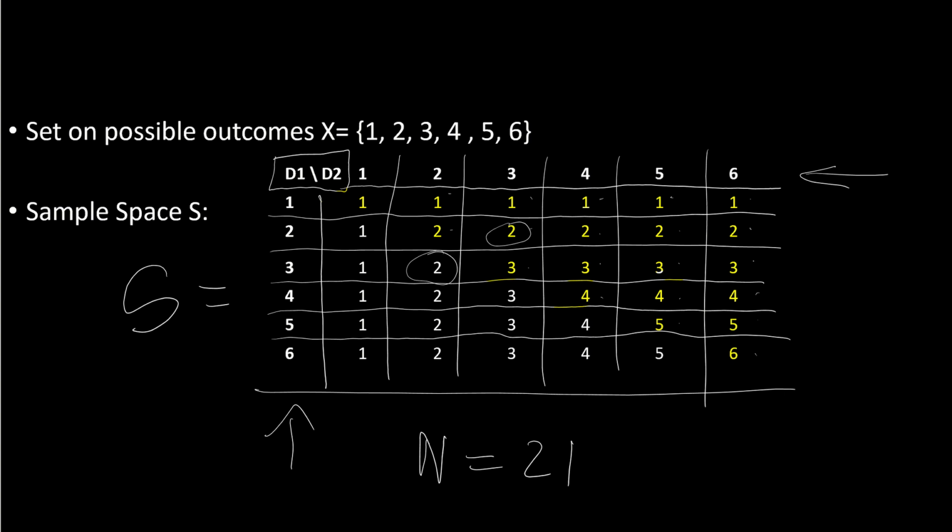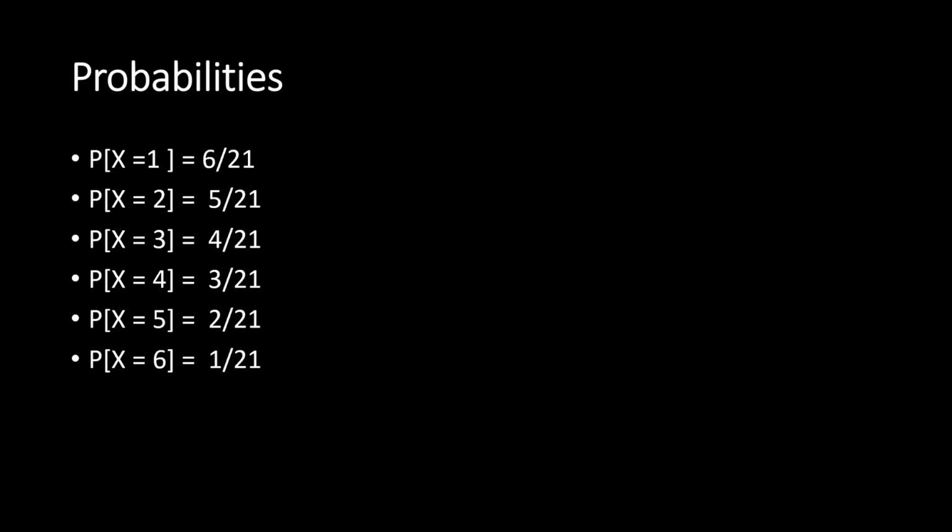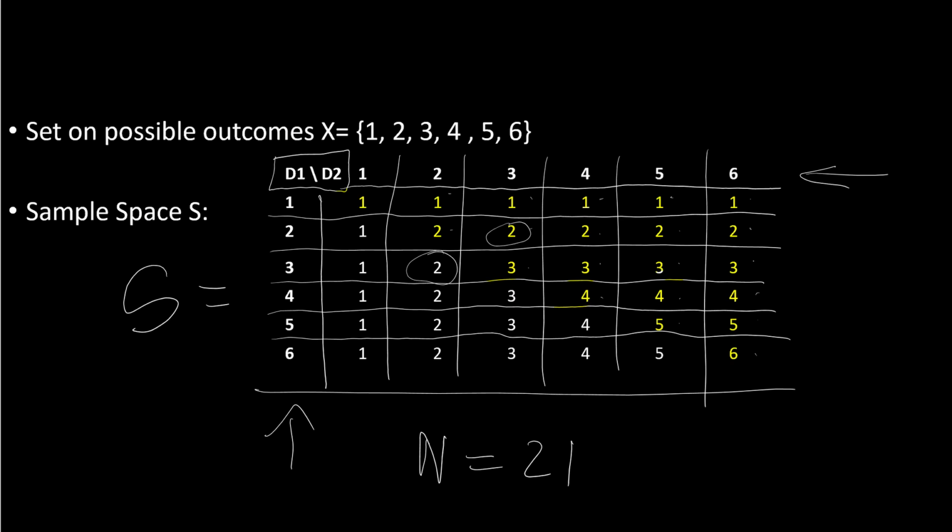Now you have the 21 numbers, and we can get the probability of each of them by looking at the table. Let's say the set of possible outcomes is x equal to this set.